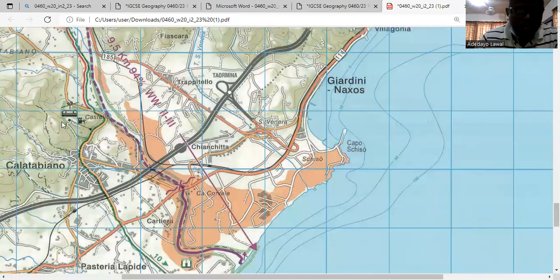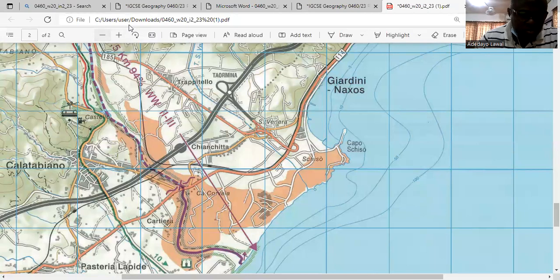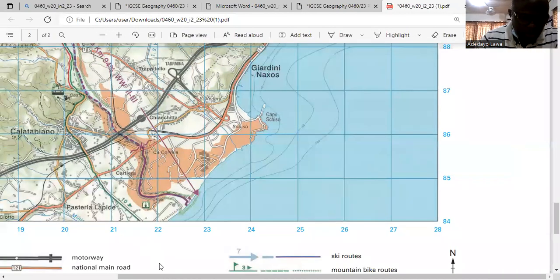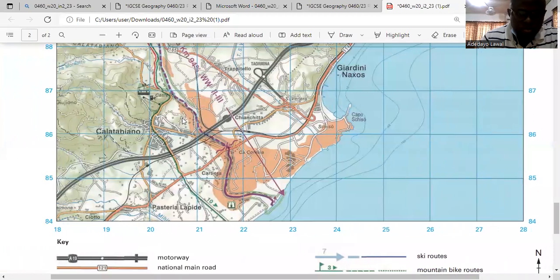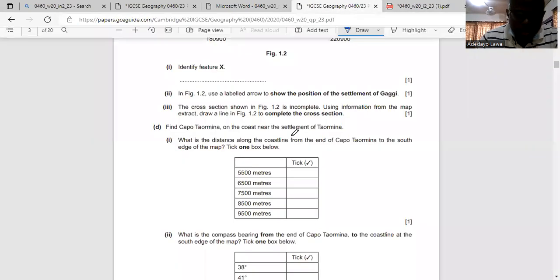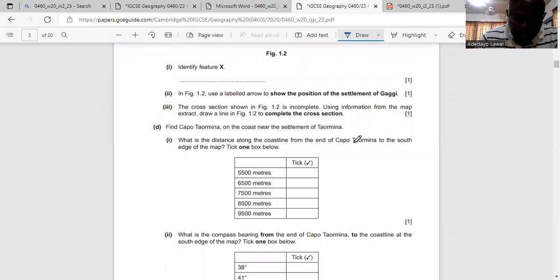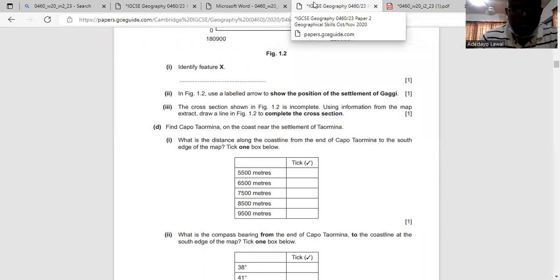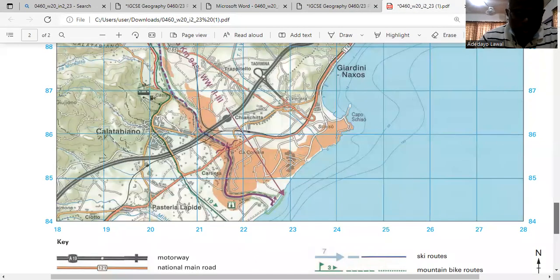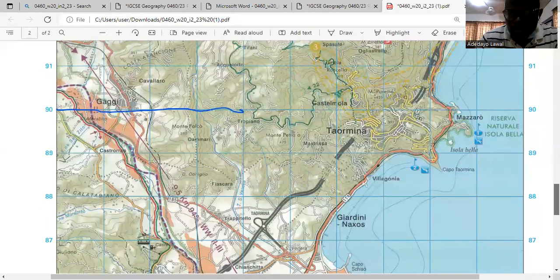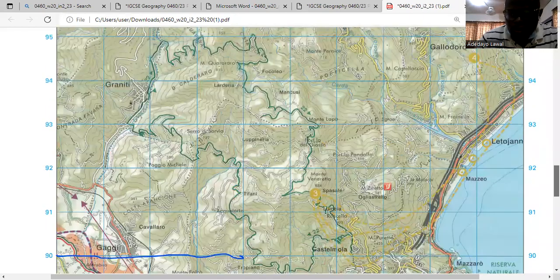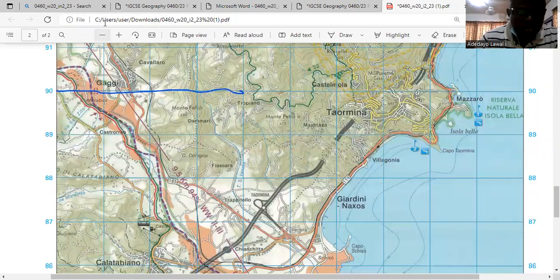The question says, let me zoom out. Let's take the question again. Say from Capo, along the coastline, from the end of Capo Terminal to the south edge. South edge. Let me scroll it.